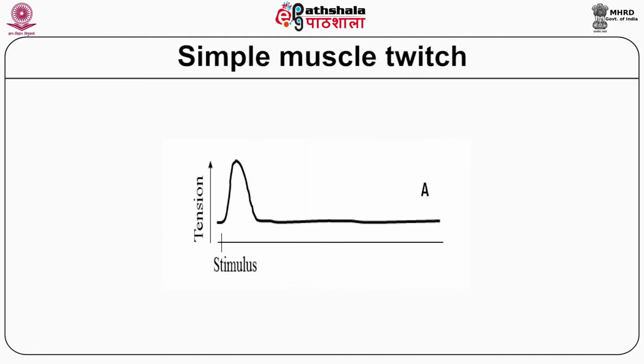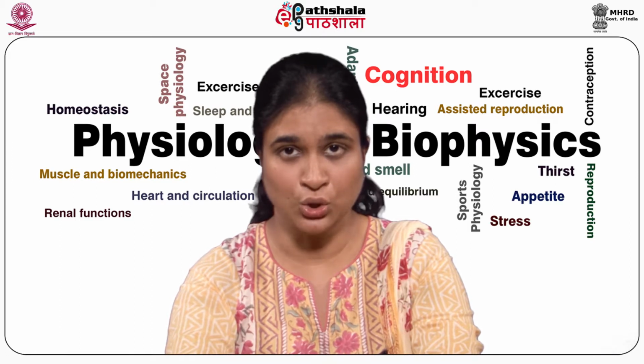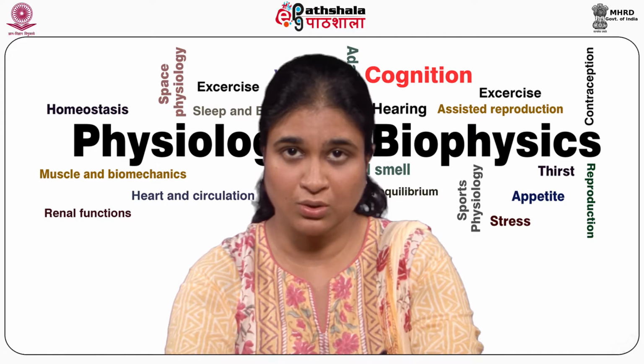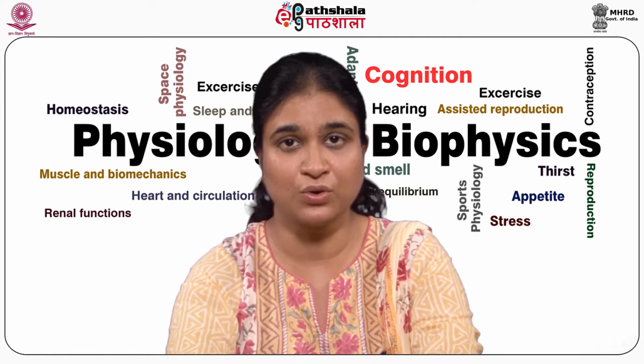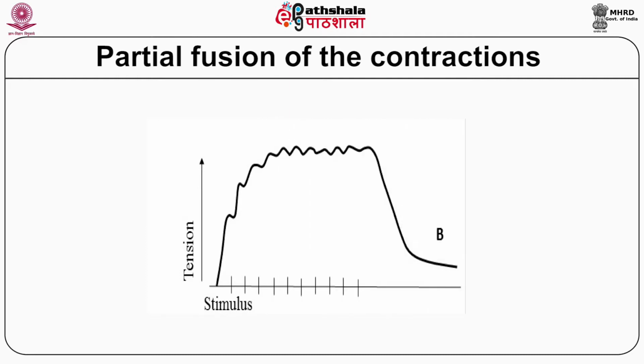If the same preparation is stimulated repeatedly with a train of stimuli with an interstimulus interval longer than the refractory period, we may observe a partial or a complete fusion of the contractions depending on the frequency of stimulation, leading to the smooth sustenance of the tension generated by the muscle, which is seen in the next figures.